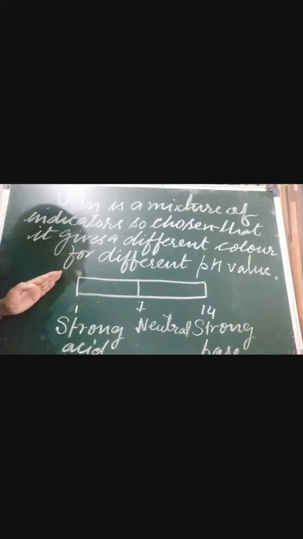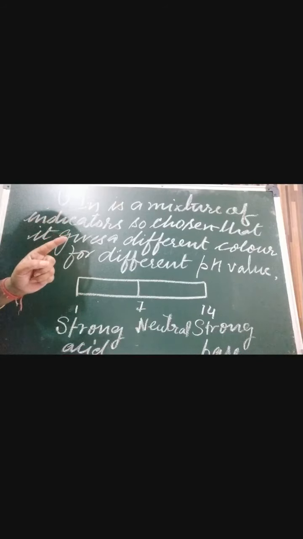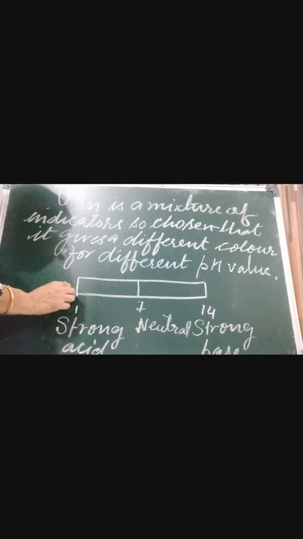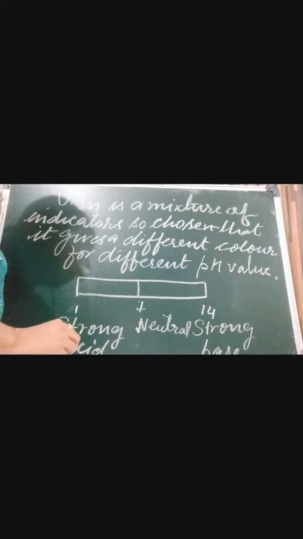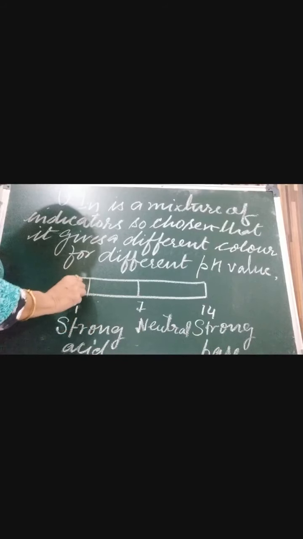When we dip this strip in the solution, which we know is sulfuric acid, it will become deep red, and it will show this deep red color. You see the colors are given on the strip. If the strip is deep red, this is one, so it is a strong acid.